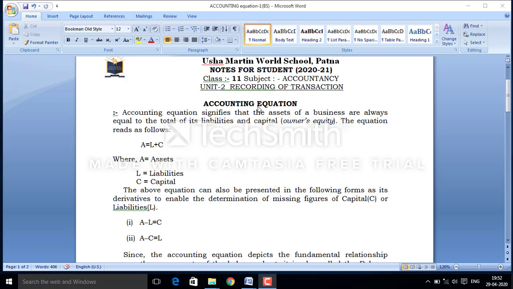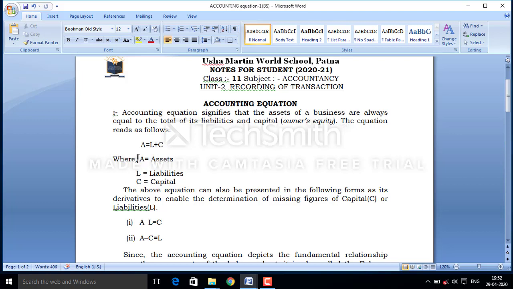The total value of liability and capital must be equal to the available amount of assets in the business. And this can be disclosed as assets is equal to liability plus capital, A = L + C, where A is equal to assets.